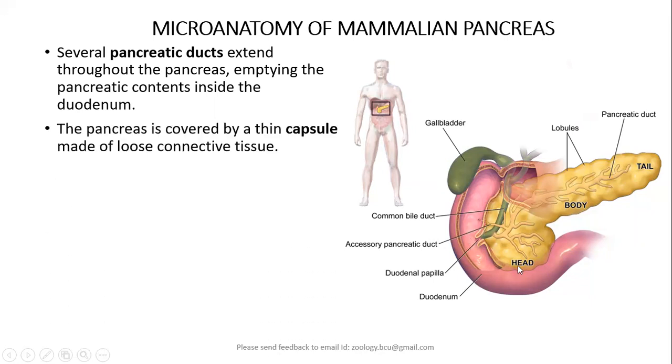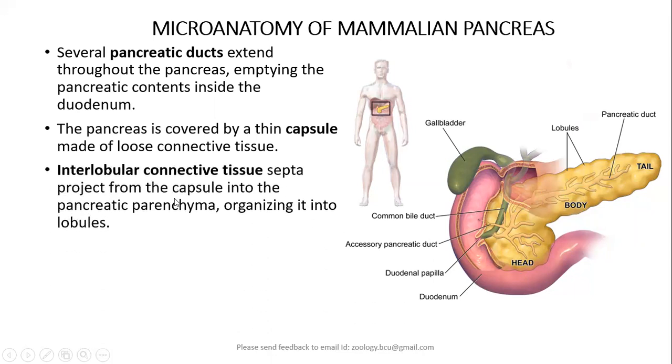The pancreas is covered by a thin layer of connective tissue capsule, which helps in binding the secretory epithelial cells of the pancreas, and also it nourishes and supports the secretory glandular epithelium.